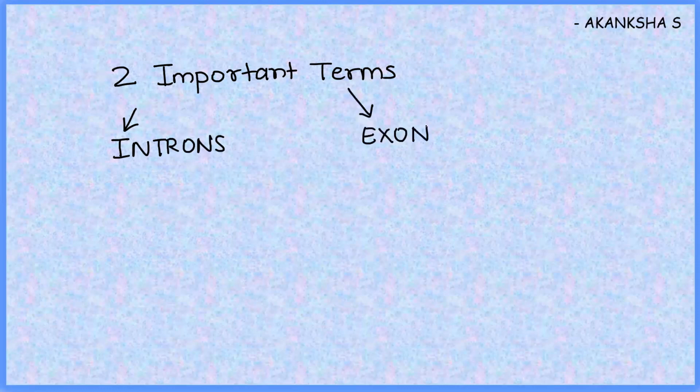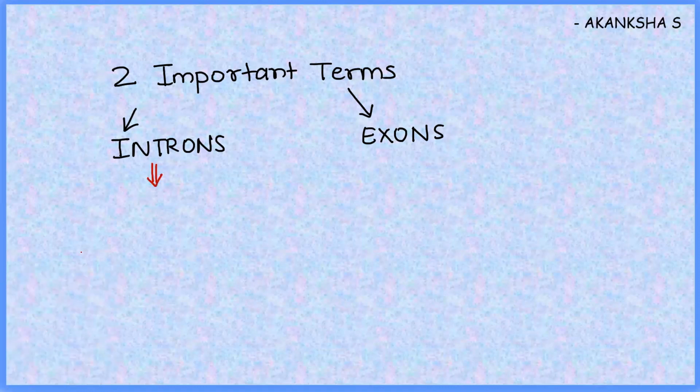Every time your transcription is going to happen, there is going to be an RNA which is produced. That RNA mostly has got two segments, fragmented with each other. These two segments are introns and exons. So what are actually the introns?